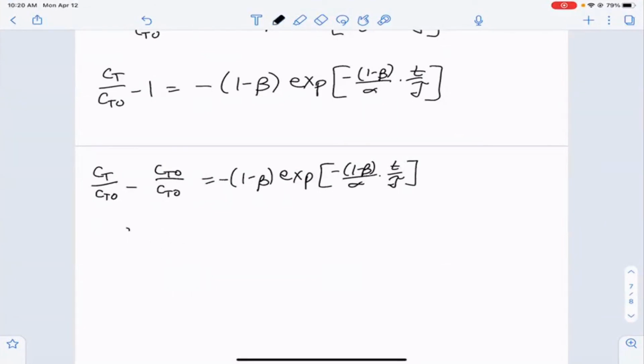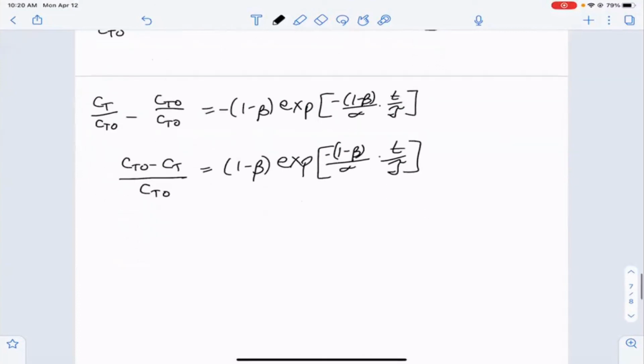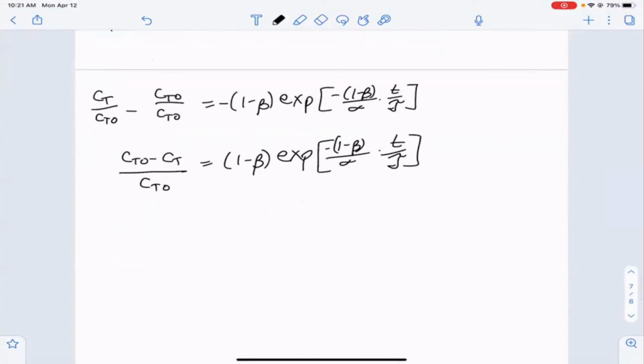So this just becomes CT0 minus CT over CT0 equals, and because I multiplied through by minus 1, that's 1 minus beta times the exponent of minus 1 minus beta over alpha times T over tau. And I really did that because I don't like negatives in front of logs.